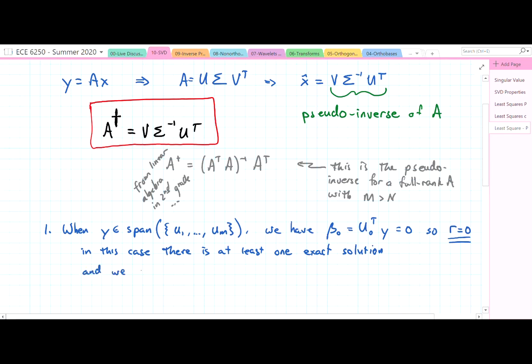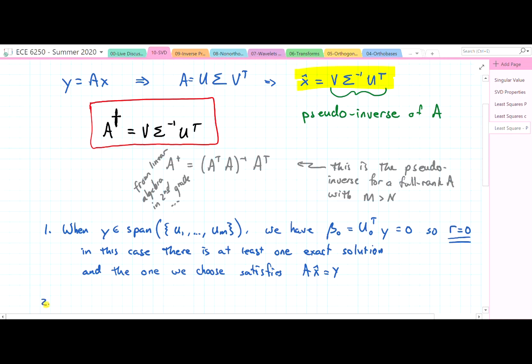And the one we choose is our x hat from above. A x hat is equal to y. Okay, and that's that highlighted x hat right up there.